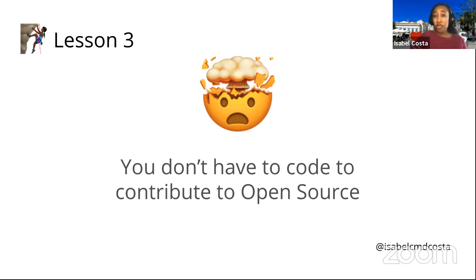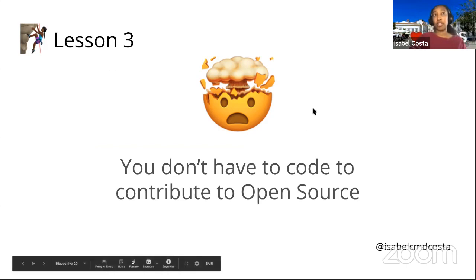So for example, if you test an app and report an issue, that's an open source contribution. You created an issue, you're helping the community and the maintainer know that there's a bug to fix, for example. If you want to contribute to documentation, documentation is so important. You can contribute to that. If you're a designer, you can create mockups or design assets.